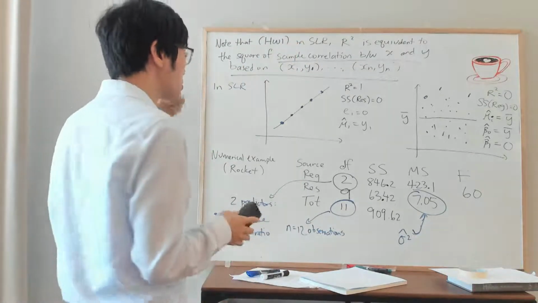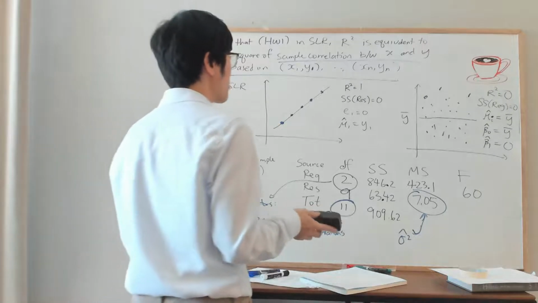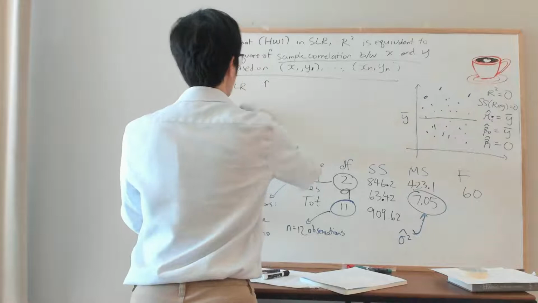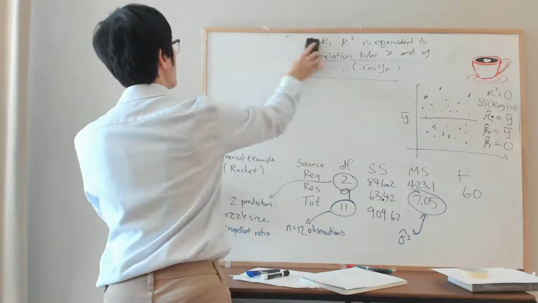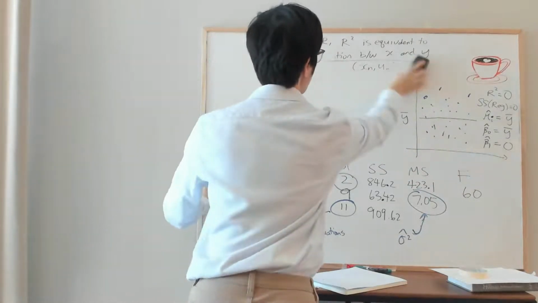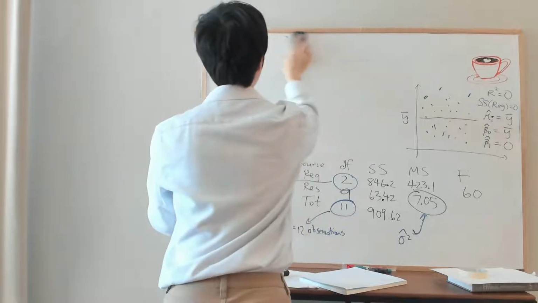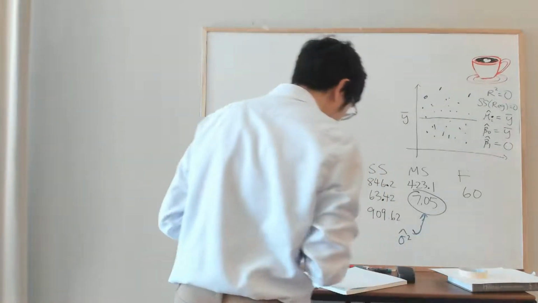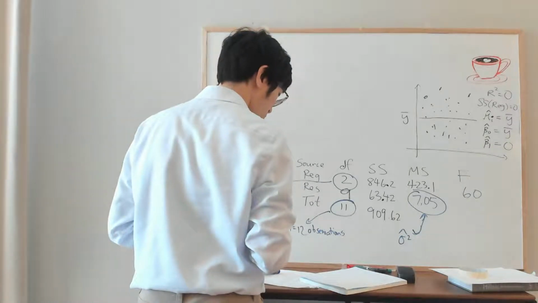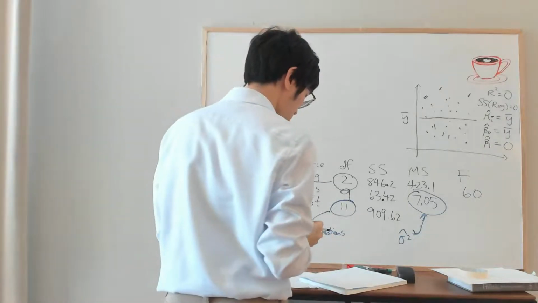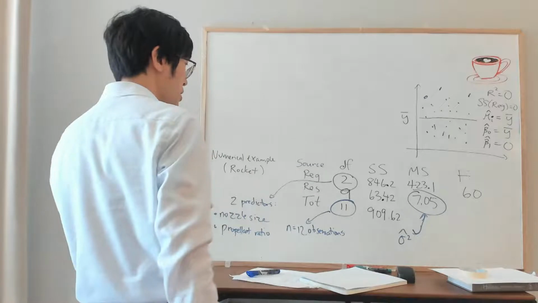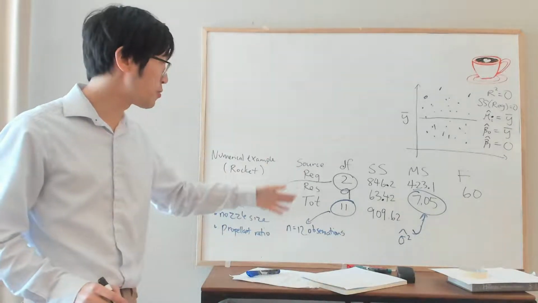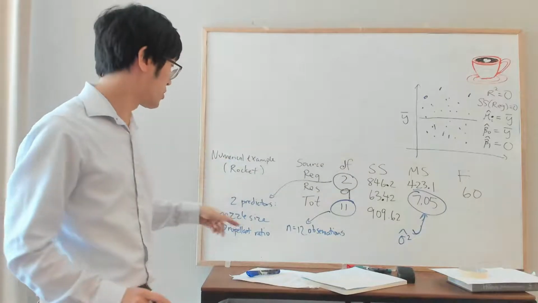The last thing I want to mention is R squared. So what is R squared for this example? What can we say about how well this regression model explains the response?